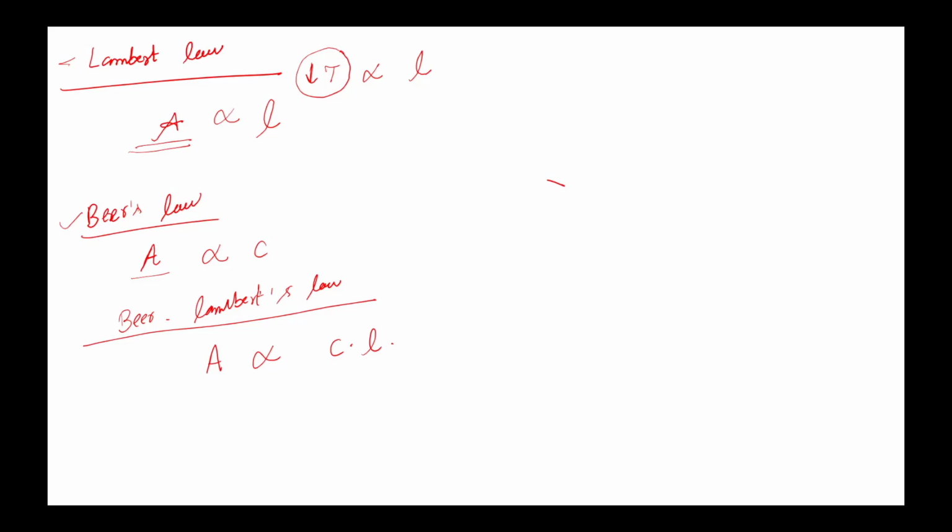We have this molar extinction coefficient, epsilon. So absorbance is equal to ε·C·L, and ε is equal to A over C·L. If the values of C and L are 1, then ε is equal to A.